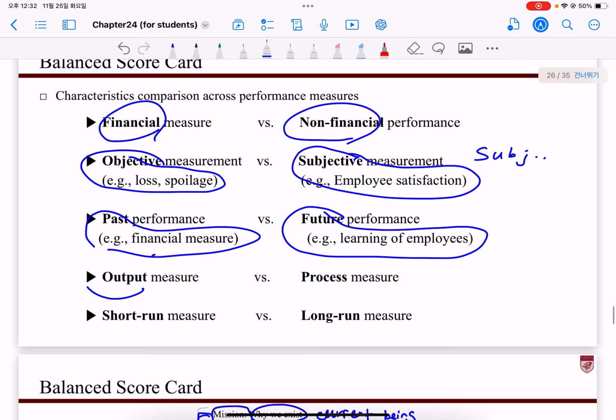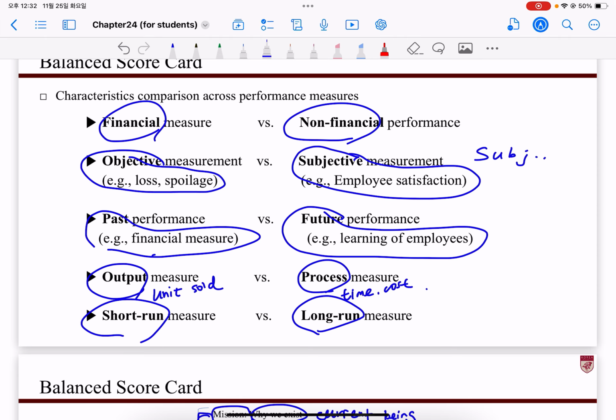It's not just about output, how many units of product you sold. It's about innovation of the process, how efficiently you can manage time or cost. It's not just about short-run measures. It's also about long-run performance measures.